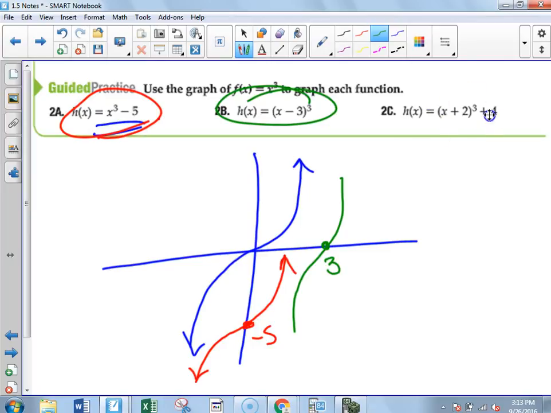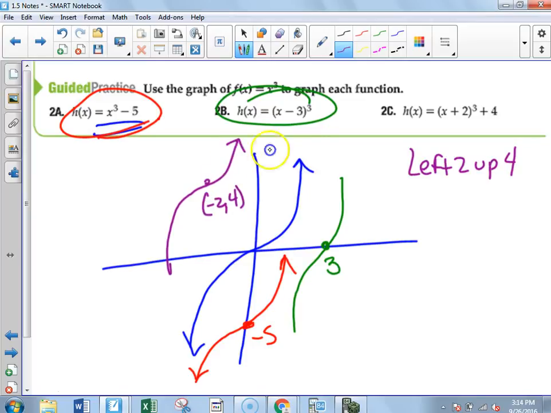And this one? Left 2, up 4. So left 2, up 4 means it would be over here somewhere where this point would be -2, 4. We're good with shifts?